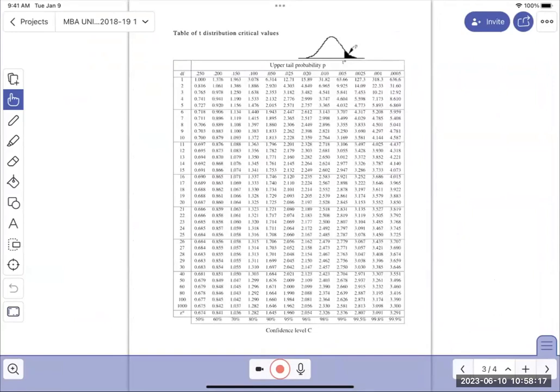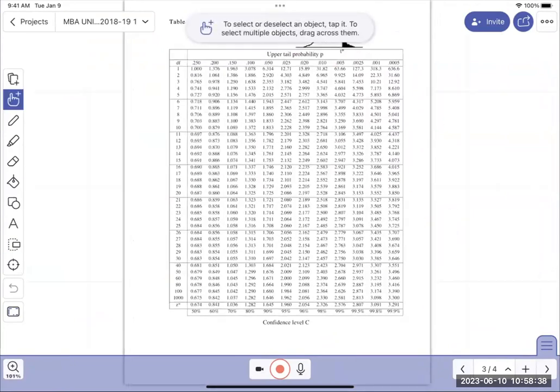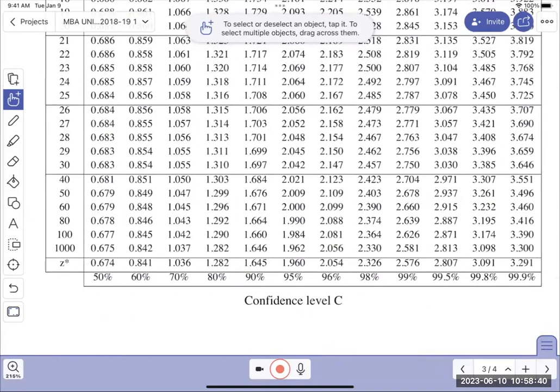It's the distribution of T. Now, T looks a lot like Z. And in fact, for high sample sizes, T and Z are the same thing. So I'm not going to talk about all of this right now. I'm going to just use the last row.